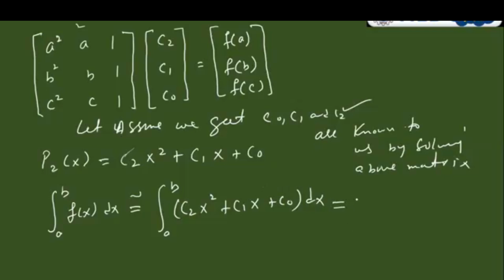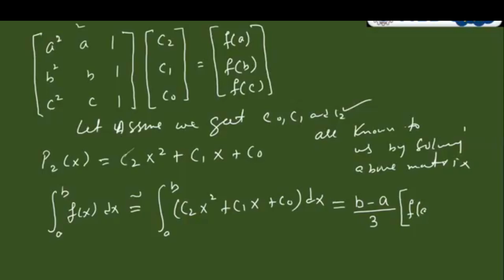You will get the following answer: b minus a upon 3 times, and you just need to know this final answer. That's enough as an engineering student. It does not come from random, there is a logic behind it, but I want to avoid that mathematical derivation.